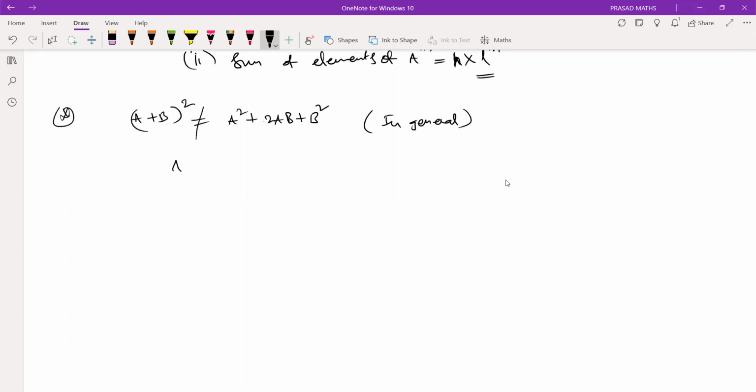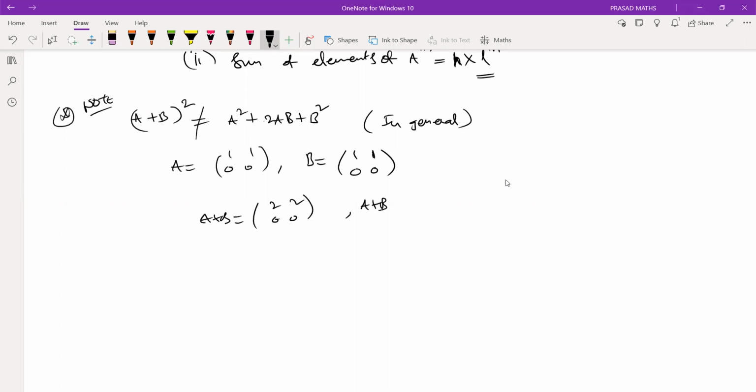Let's take one example: A equals 1, 1, 0, 0 and B equals 1, 1. This is a very important note, because I'm going to use it whenever I deal with inverse matrices. What is A plus B? A plus B is 2, 2, 0, 0. What is (A plus B) whole square? It is 4, 4, 0, 0.